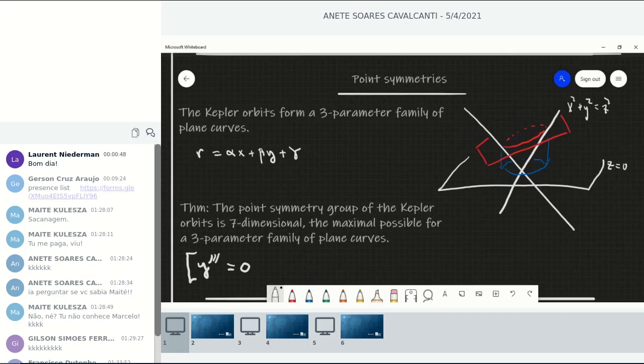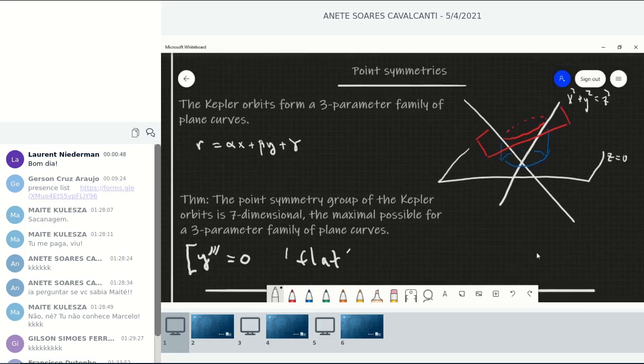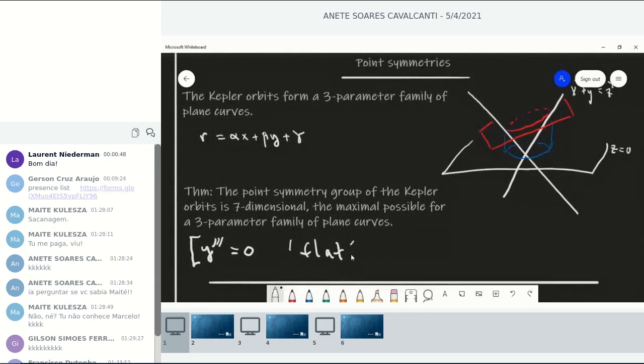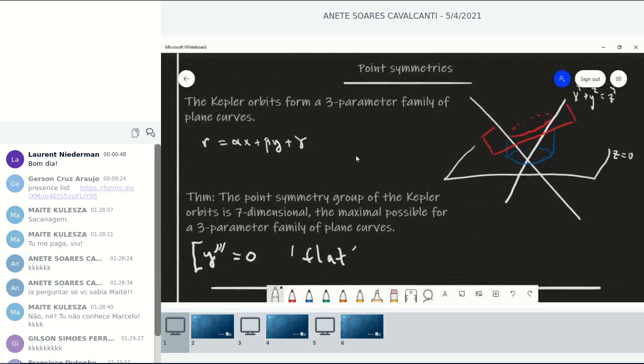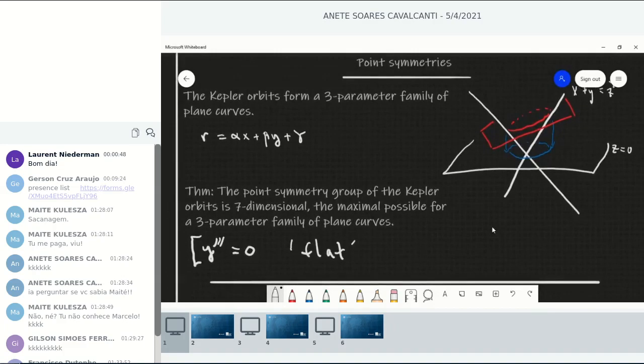From the point of view of local diffeomorphisms of families of curves on the plane, Kepler orbits are the same as what is called the flat 3-parameter family, in analogy with curvature being 0. There are certain invariants of third-order ODEs which all vanish for this family, and they all vanish for the Kepler family of curves.